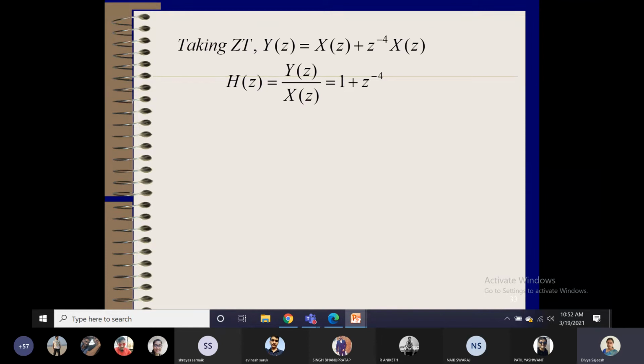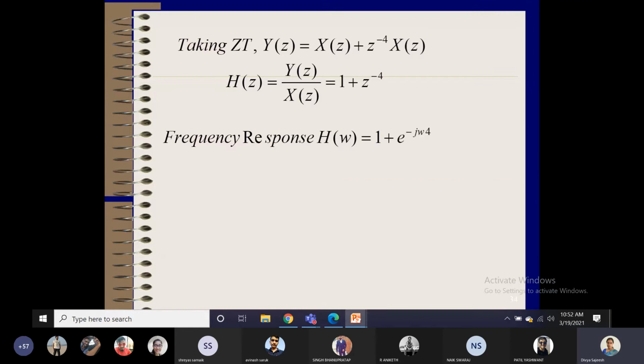Only the Y of z term is there on the left hand side. On the right hand side, it is X of z times 1 plus z raised to minus 4. So Y of z by X of z will give you H of z, which is 1 plus z raised to minus 4. Now obtain the frequency response by putting z equal to e raised to j omega.